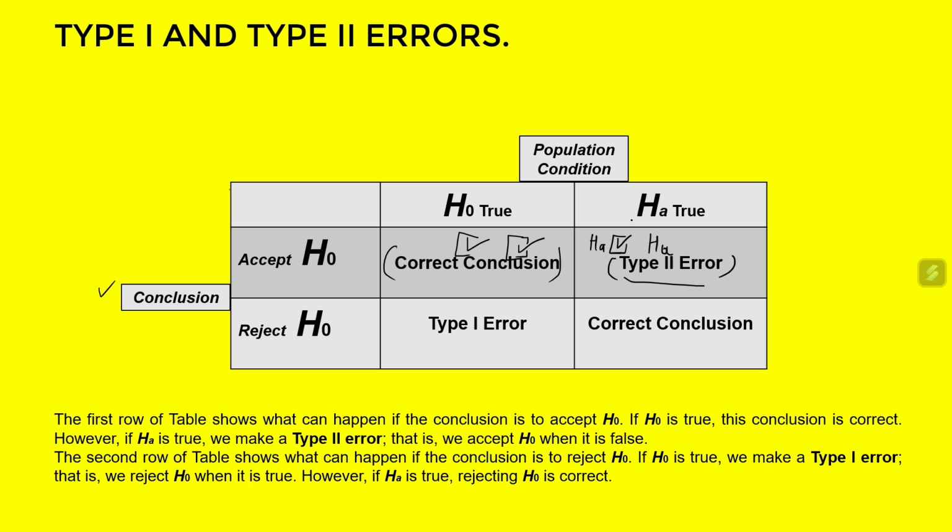Your HA is true, but you are concluding that you accept the null hypothesis. In such a case it results in a type 2 error.